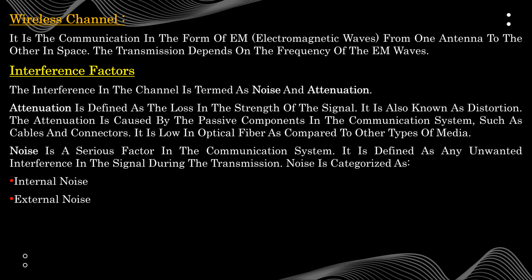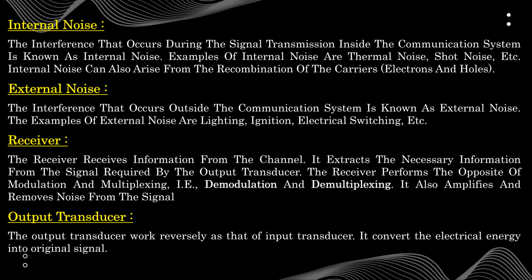Noise is a serious factor in the communication system. It is defined as any unwanted interference in the signal during the transmission. Noise is characterized as internal noise and external noise. Internal noise. The interference that occurs during the signal transmission inside the communication system is known as internal noise.